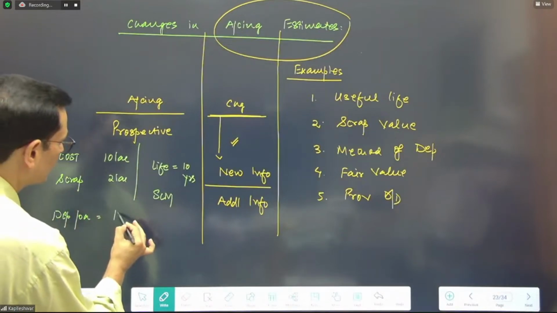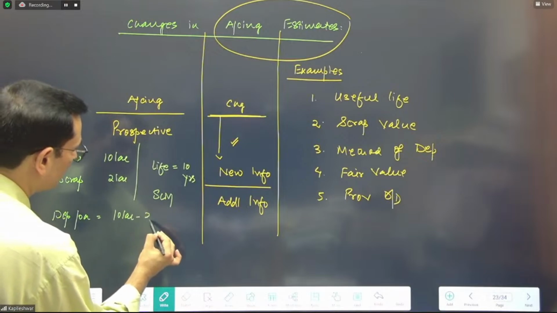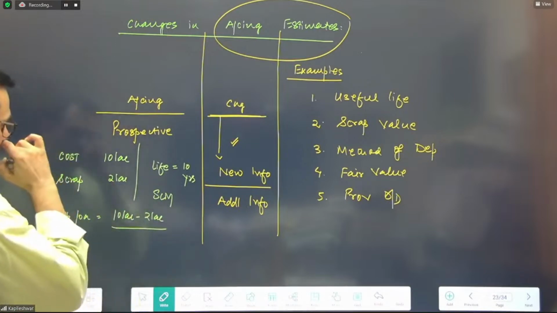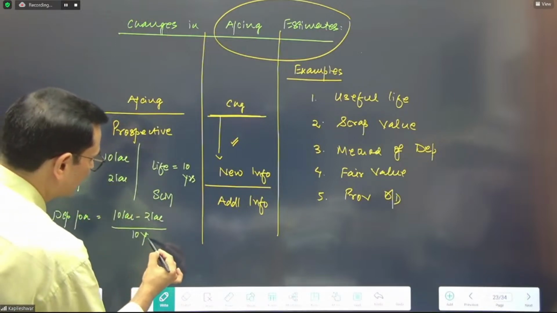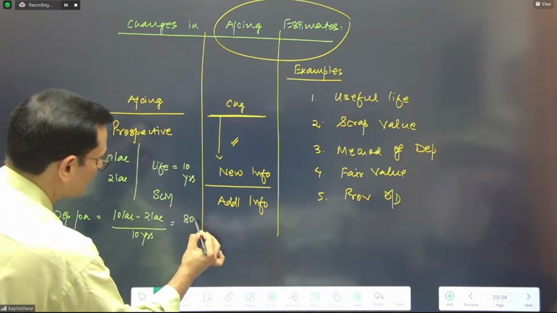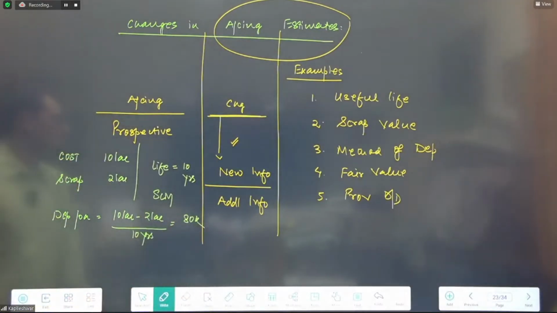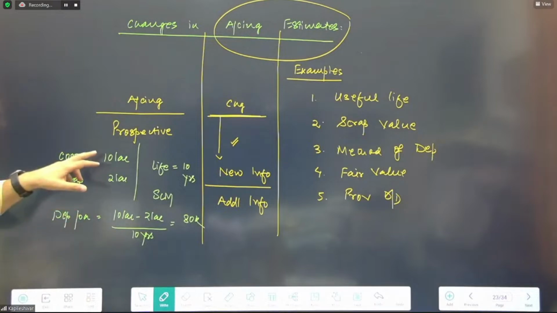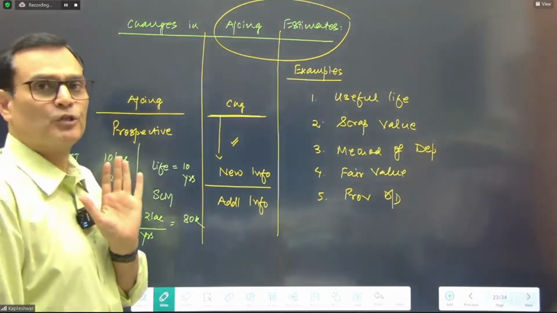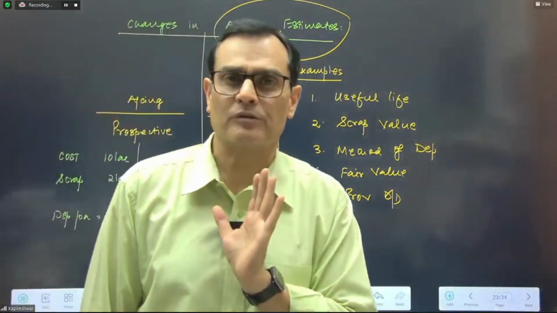Depreciation will be cost minus scrap divided by the life of 10 years. The depreciable amount of the asset is 8 lakh, spread over the useful life. So we get a depreciation of 80,000 per annum.